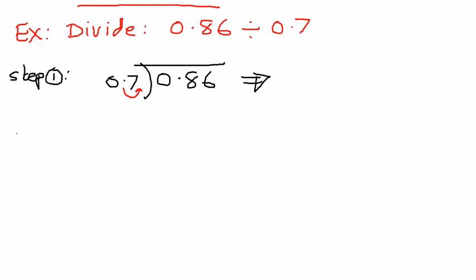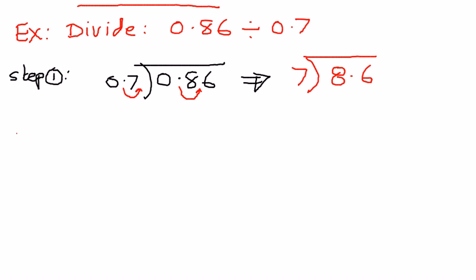So we're going to write this one as 7, and then divide by, we're going to move the decimal place from 0.86 one place to the right, and therefore this becomes 8.6. So in other words, we are multiplying both these numbers by 10. 0.7 times 10 is 7, 0.86 times 10 is 8.6.